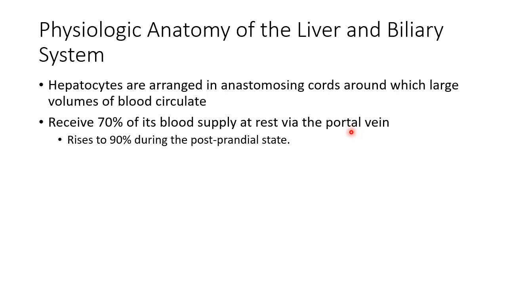So more portal venous blood goes to the liver, and that is the major blood supply of the liver, but the richness of the oxygen is lower in the portal vein. Of course, more oxygenated blood comes from the hepatic artery. Just appreciate that from 70% when you are not eating, once you eat, it rises to 90% of the total blood flow from the portal vein.